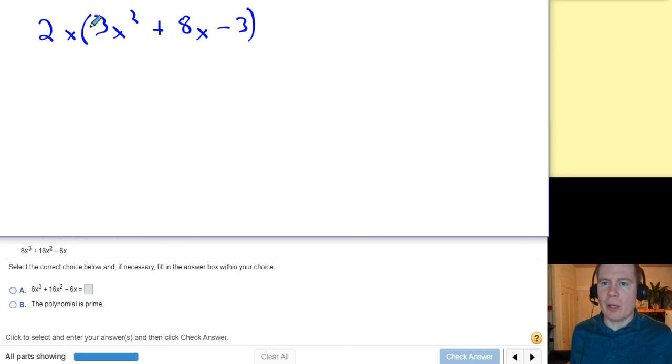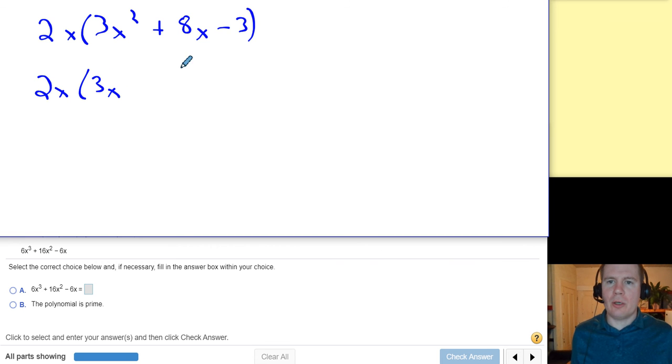And I already have my x. So if I were to distribute 6x cubed, check. 16x squared, check. 6x, yes, 6x. Okay. Now, I double check. Can I factor this trinomial? If I can, 3 is prime.